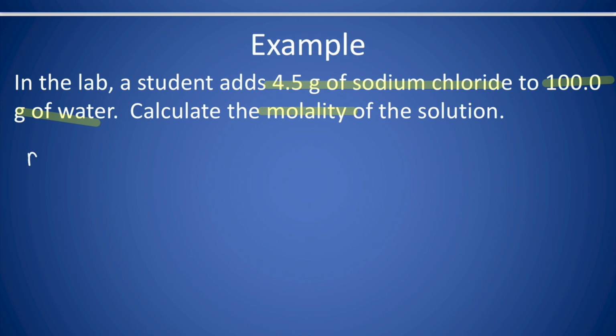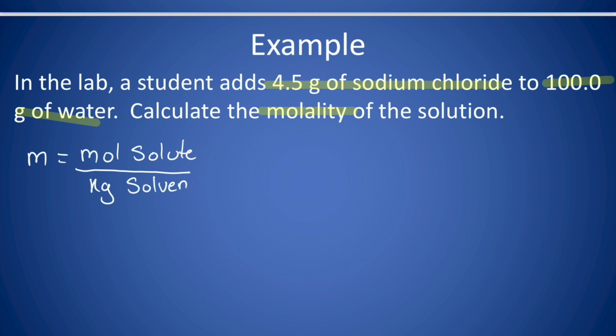Well, again, remember molality, little m, is our moles of solute divided by kilograms of solvent. Well, they gave me the mass of my solute and the mass of my solvent. So before I can do the molality calculation, I'm going to have to do a little bit of converting.